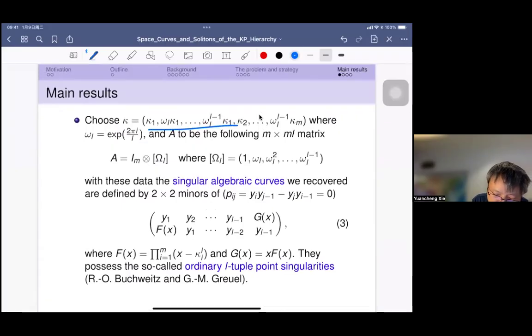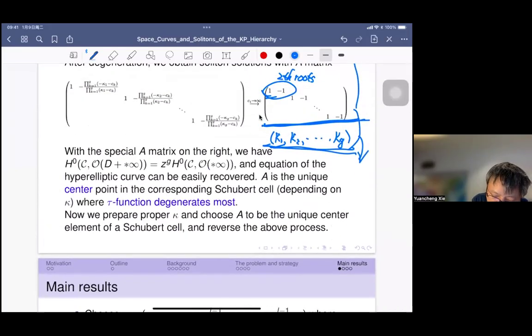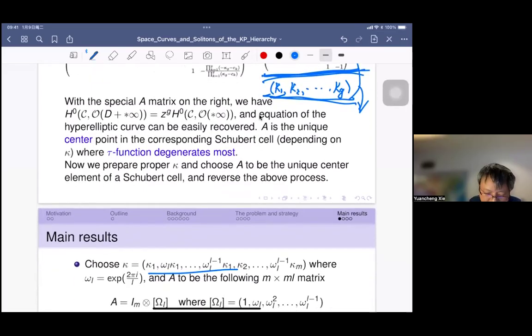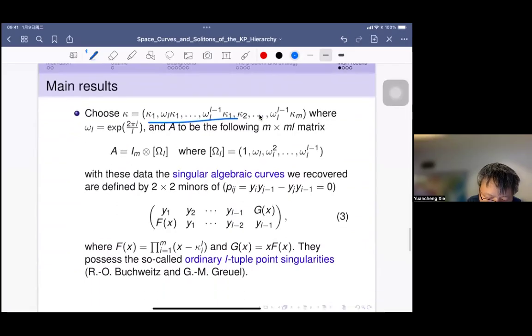That means we have 1, omega, omega squared, etc., omega^{l-1}, and then we repeat this pattern, because the case of KdV tells us that's a good matrix. And from these matrices and from this spectral data, we reverse all this process.